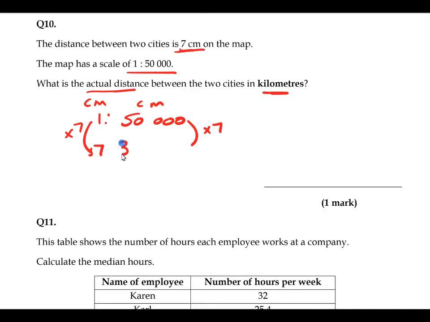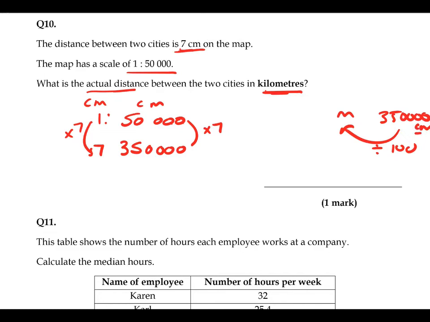So 7 5s are 35 with 1, 2, 3, 4 zeros. So we have 350,000 centimetres. It wants the answer in kilometres, so we do it in 2 stages. We go from centimetres to metres by dividing by 100.